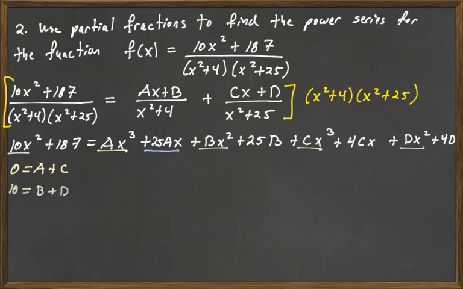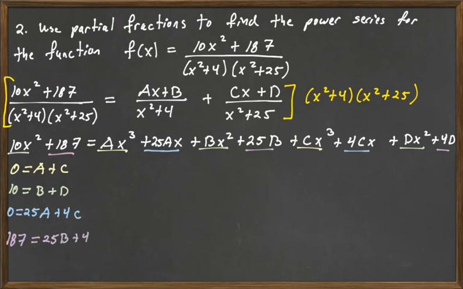The linear coefficients are 25a and 4c, and there is no linear coefficient on the left other than 0. And then the constant 187 is equal to 25b plus 4d.